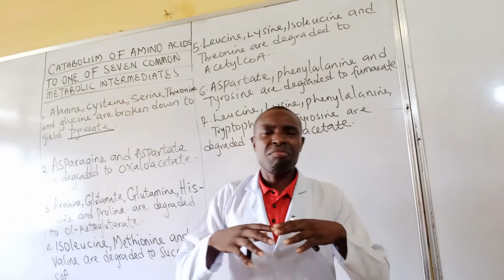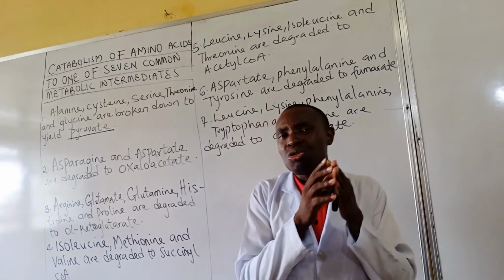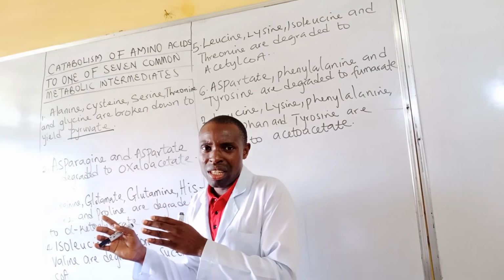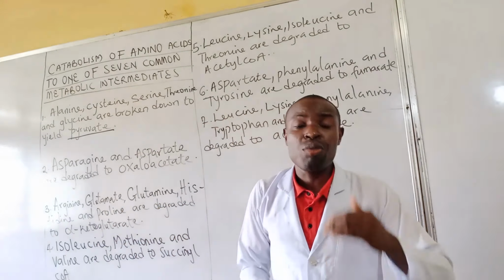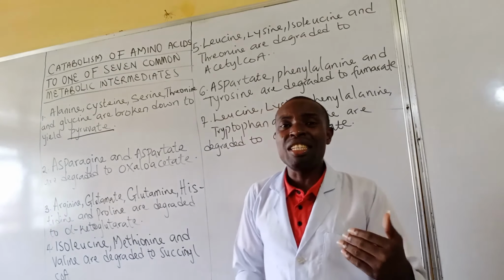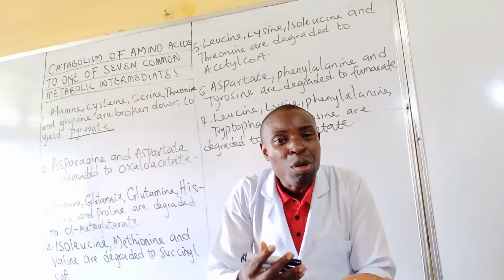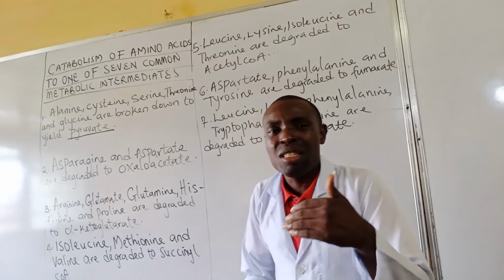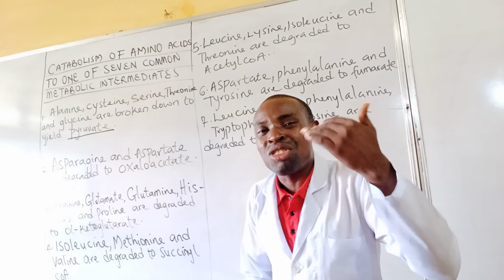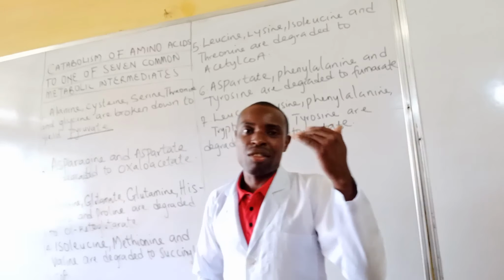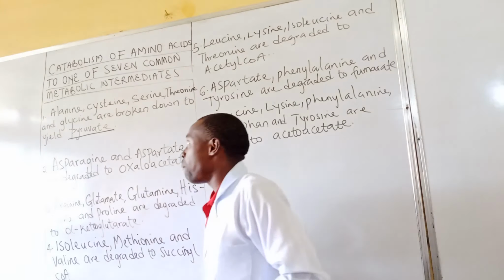Although it has been found that tryptophan can also yield pyruvate, in which when tryptophan is broken down, it yields alanine, so that alanine, when broken down, can also yield pyruvate.